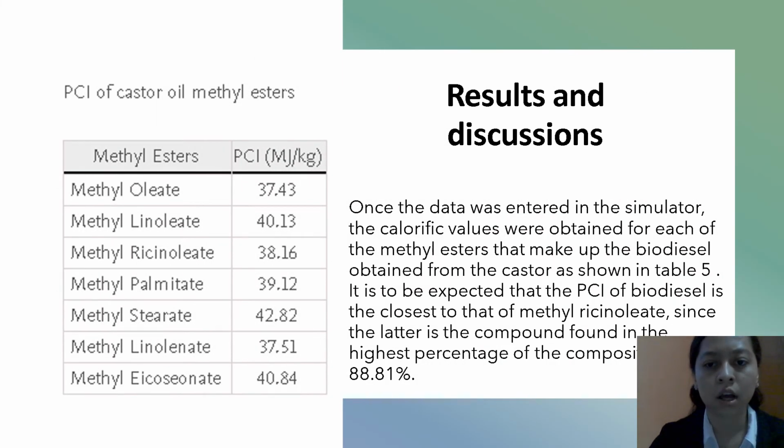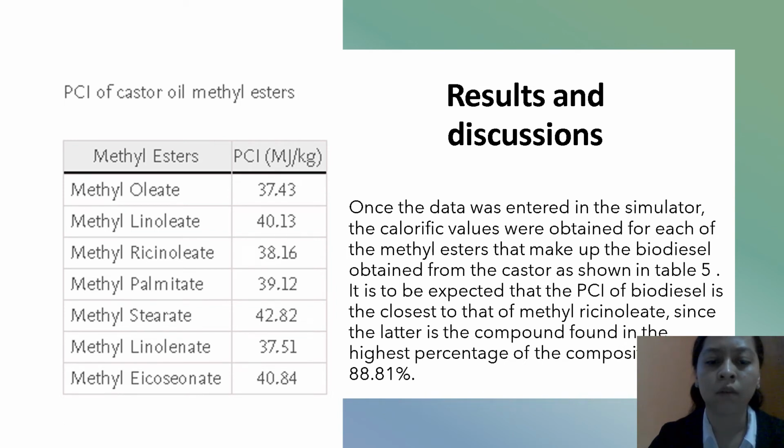Results and discussion. Once the data was entered in the simulator, calorific values were obtained for each of the methyl esters that make up the biodiesel obtained from castor oil.